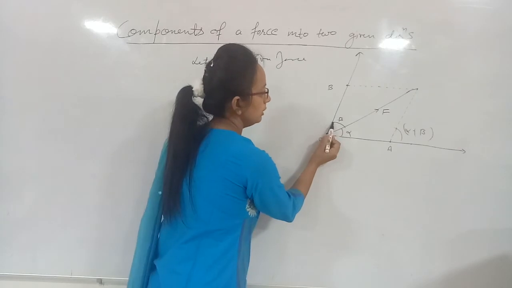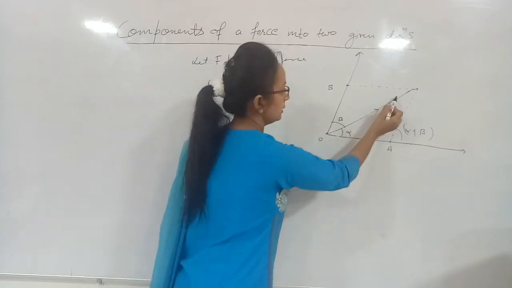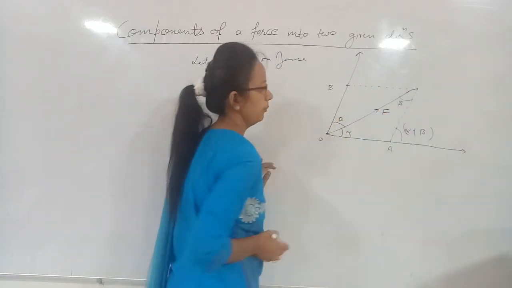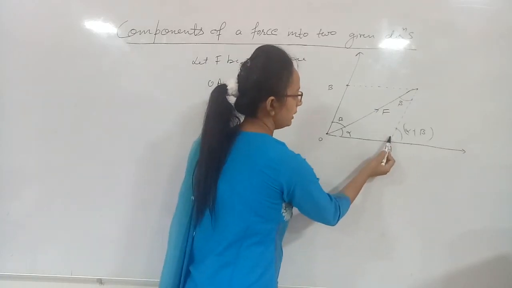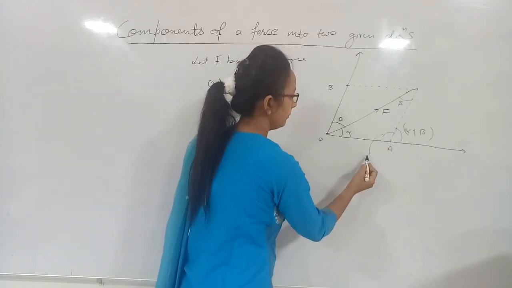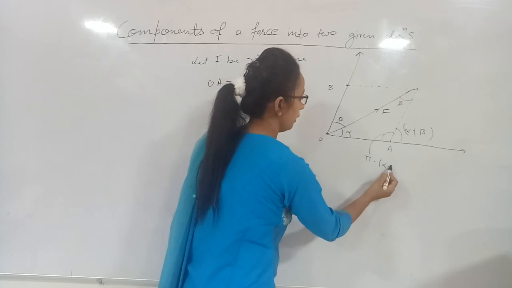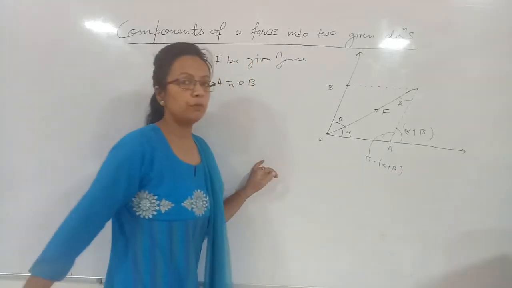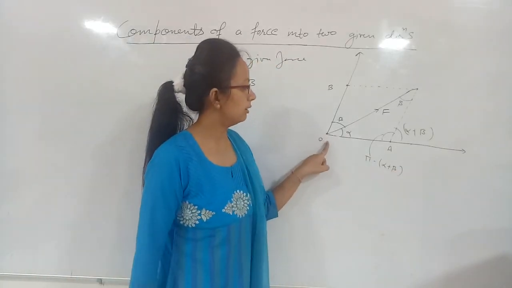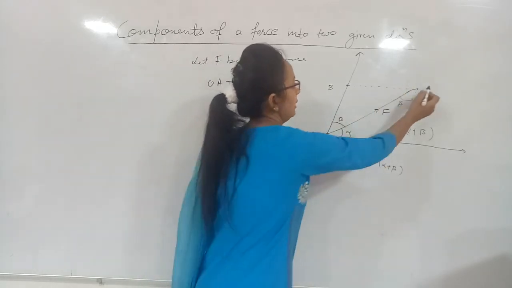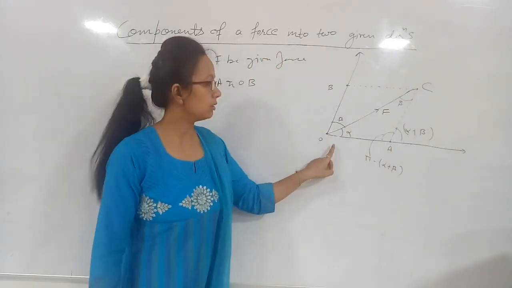Now again this is beta, then this is beta, alternate angle. And if this is alpha plus beta, then this opposite angle will be pi minus (alpha plus beta). So we have all the angles in this triangle OAC. We have all the angles of this triangle.